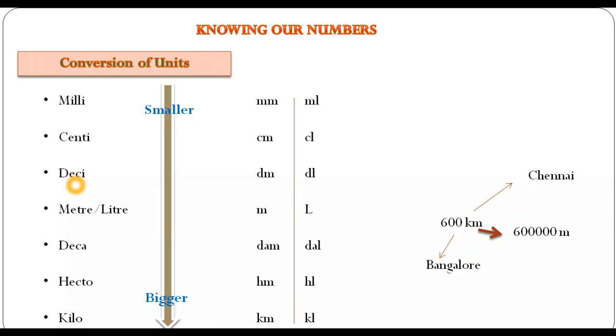So for that, let us make use of a memory tip which will help you to remember this. Now this is something which is very relevant to children of your age. Now if I ask you to remember or memorize this milli, centi, decimeter, deca, hecto, kilo, that might sound really boring and difficult to remember.